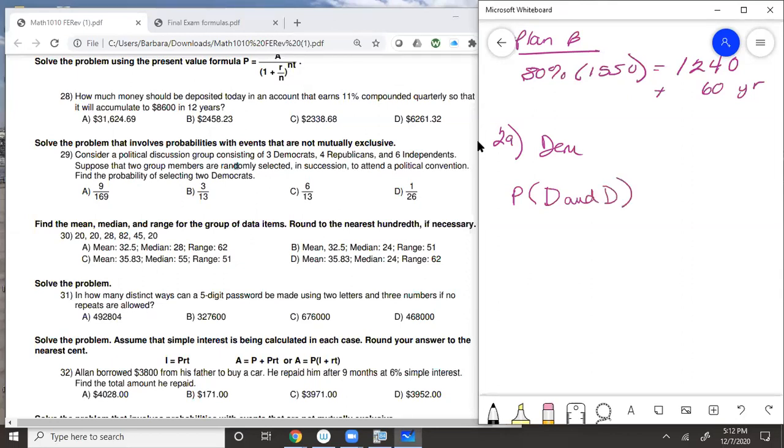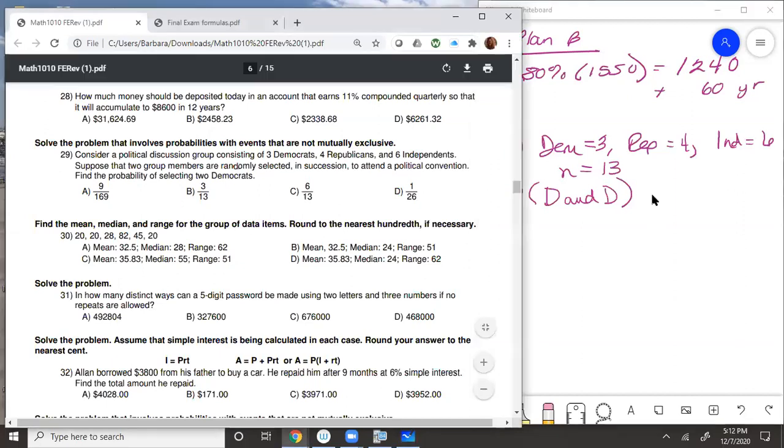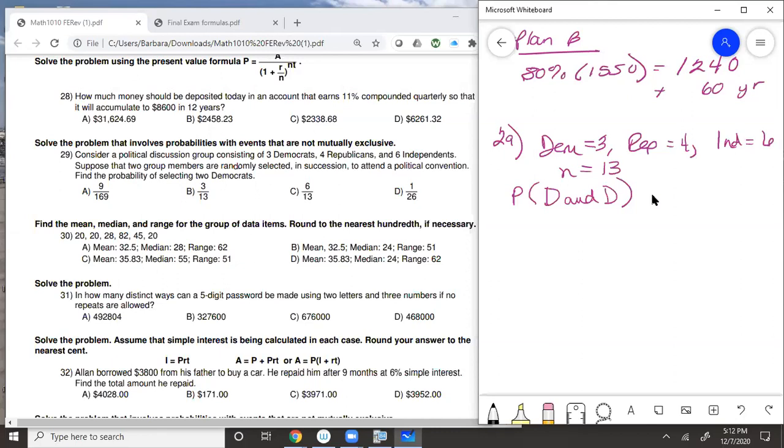So there are 3 Democrats and there are 4 Republicans and 6 independents. So there's a total of 13 people altogether in the parties, right? And the probability is of getting a Democrat. You have to multiply these 2 events, okay? So 3/13, right?